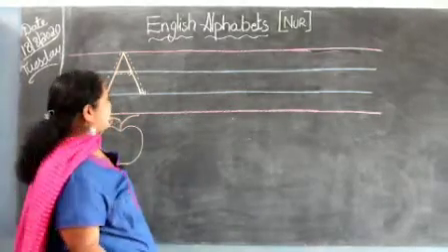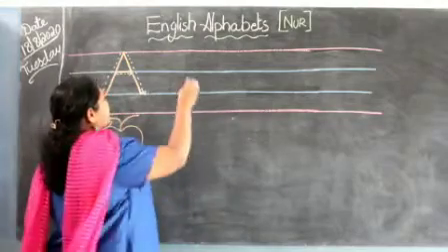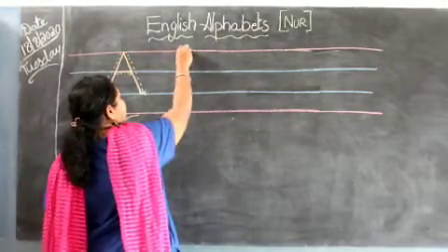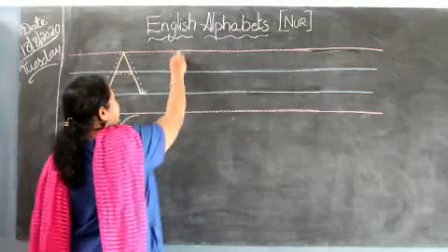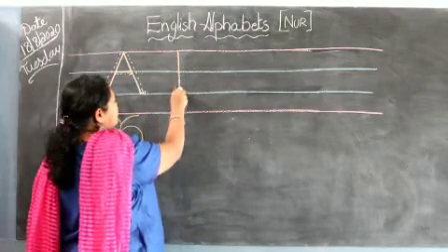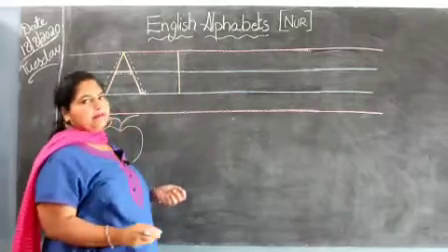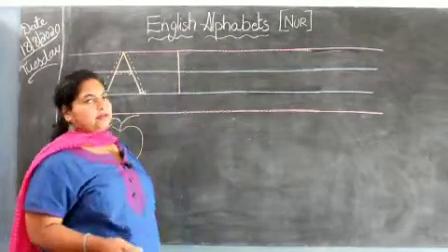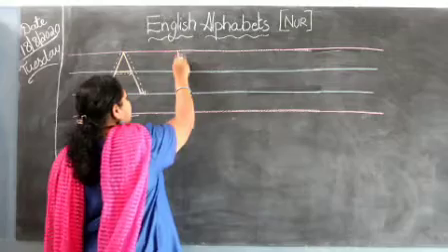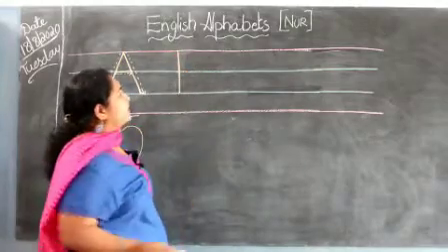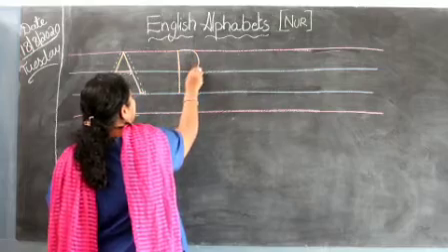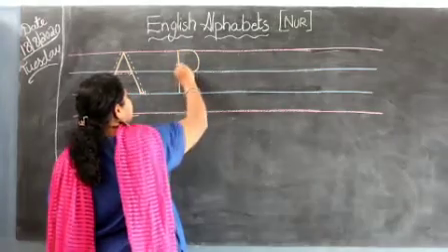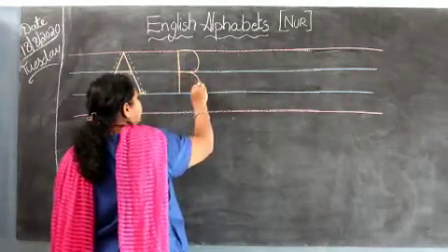Now what's the next letter that we are going to write? Your next letter will be B. Now for B, we start from the red, go through the blue and stop at the next blue line, a standing line. Red to blue, a standing line. Then you have your right curve from red to blue, then again from blue to blue.